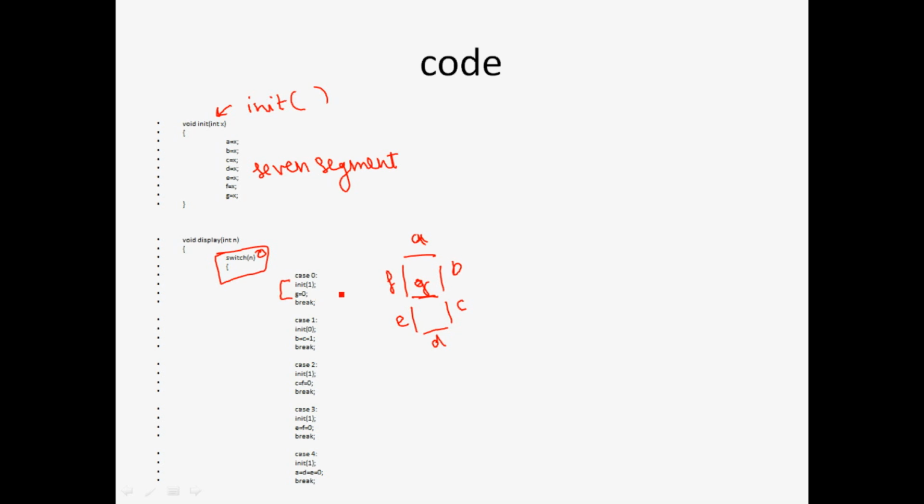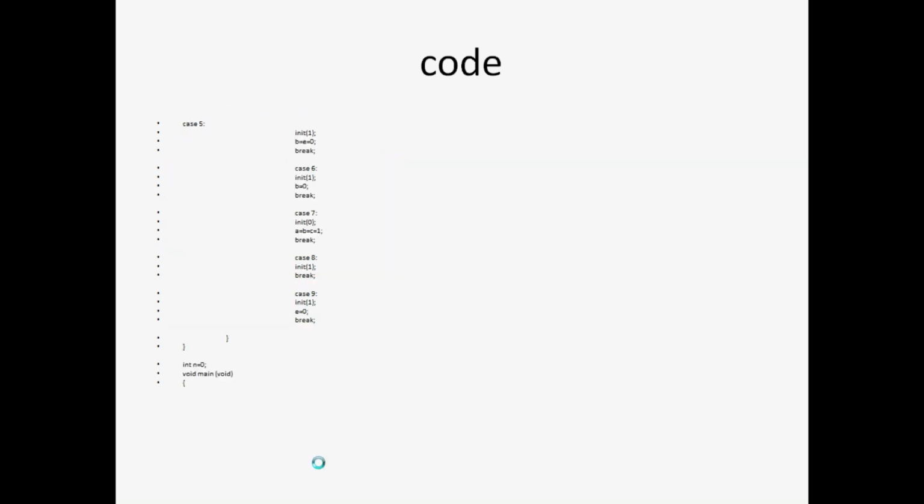So G is explicitly given 0, and we get something like this, showing 0. When display is given 0, then on the 7 segment we get 0 displayed. Similarly, case 2, case 3, case 4 are done. So till here we have all the cases till case 9.